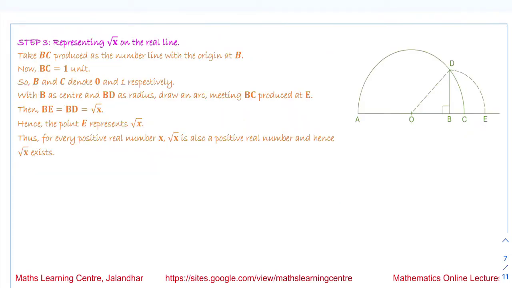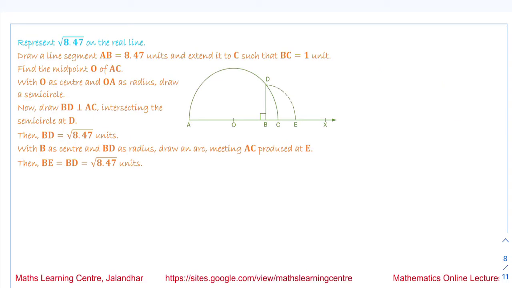Now on similar lines, suppose we have to represent the number square root of 8.47 on the real line. So what is the procedure? First thing we have to do is draw a line of length 8.47 units.